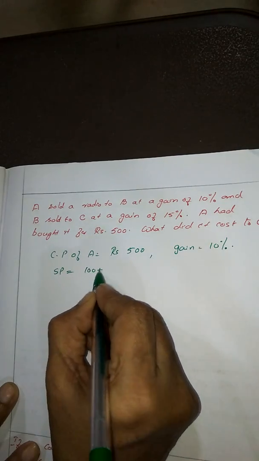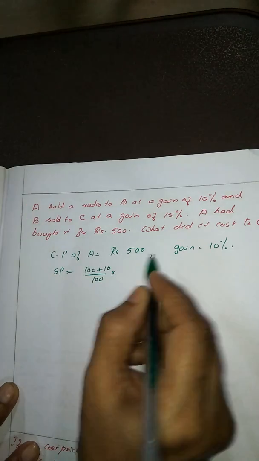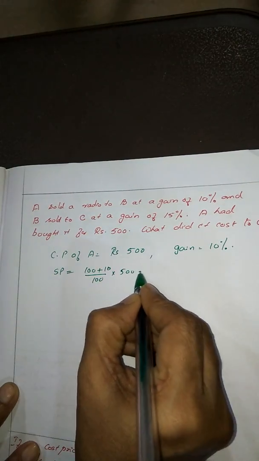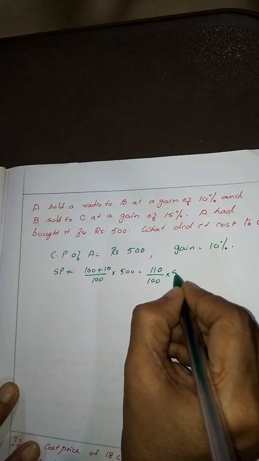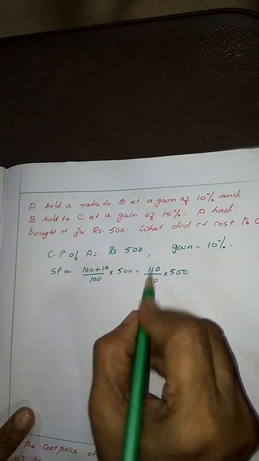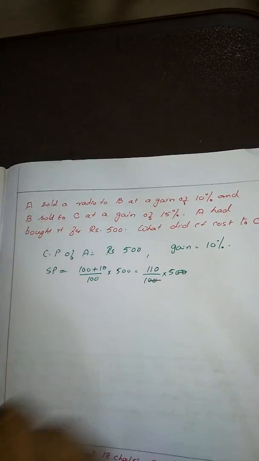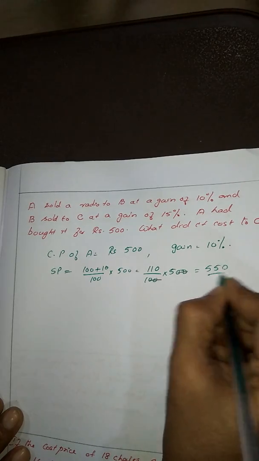100 plus gain percent by 100 into cost price. So this will be 110 by 100 into 500. So if you cancel it like this, you will get 550.